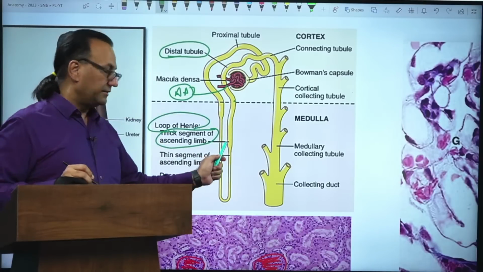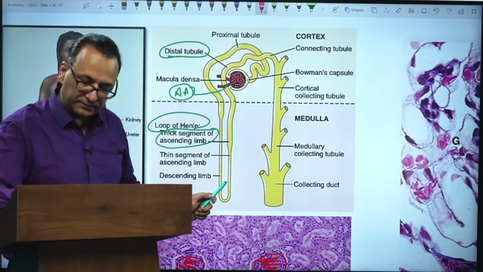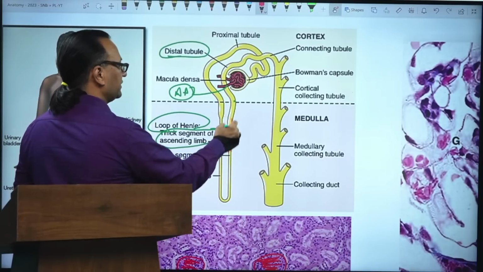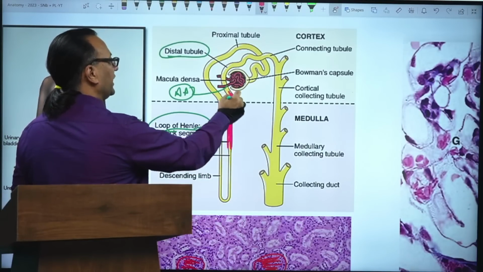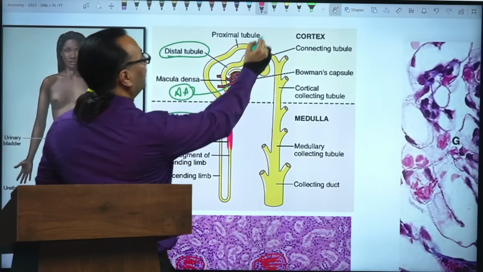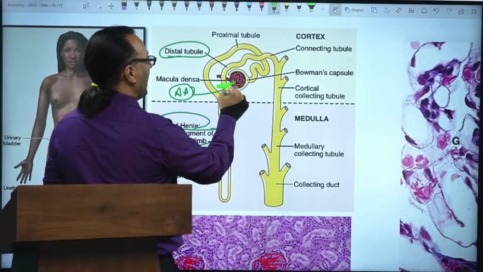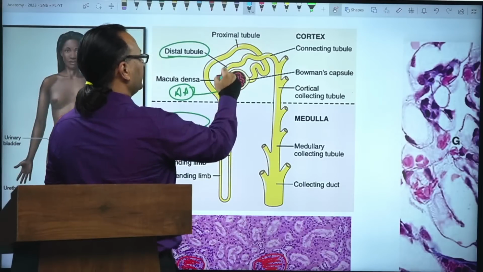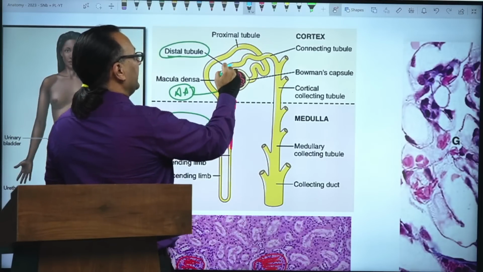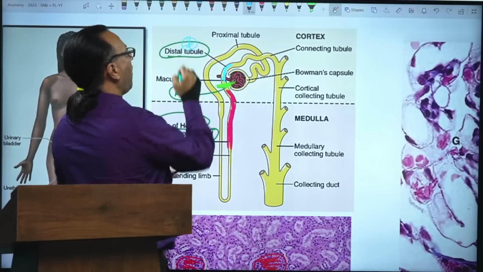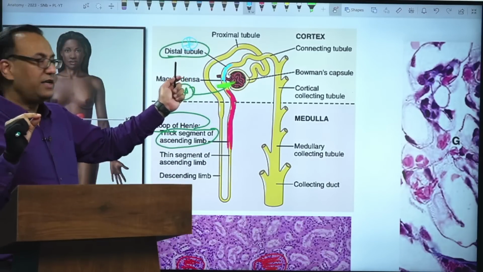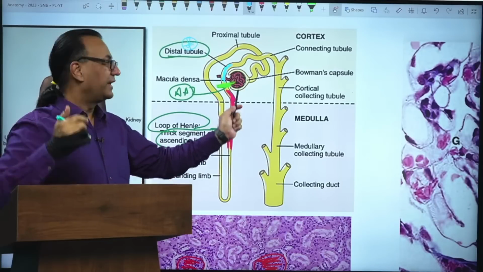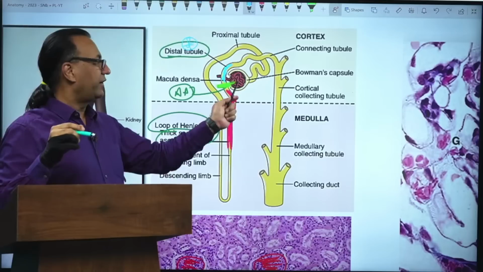So thick ascending limb of loop of Henle, as we see, this is low cuboidal cells, and as it is reaching the afferent arteriole here, it is changing into what is called the distal convoluted tubule. The JGA belongs to DCT basically, but at the junction of thick ascending limb of loop of Henle with DCT in proximity with afferent arteriole.